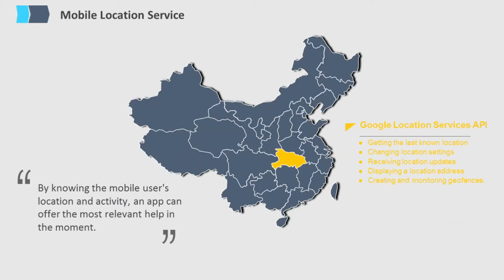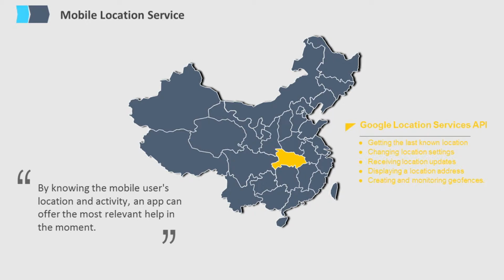The second technique is mobile location service. By knowing the mobile user's location, an app can offer the most relevant help in the moment. There are lots of location-based apps out there that are providing a better user experience and actually changing the way users interact with those services as well.